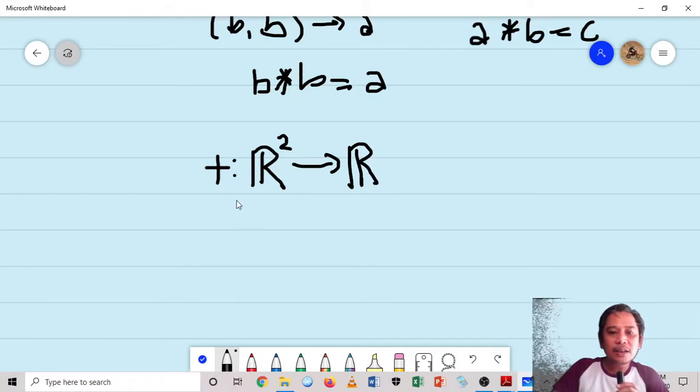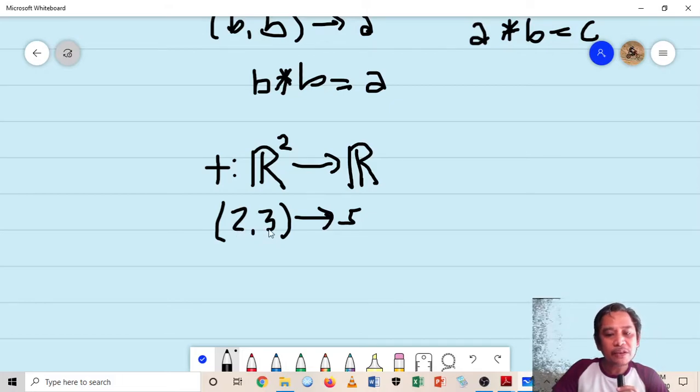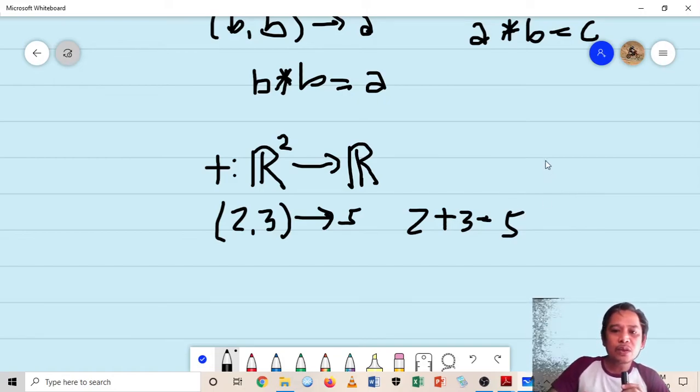And take note that in addition, the ordered pair, let's say 2, 3, is being paired with 5. Right? Why? Because 2 plus 3 is just 5. That is why in our conventional notation, we write 2 plus 3 equals 5. Okay, so that is what we meant by binary operation.